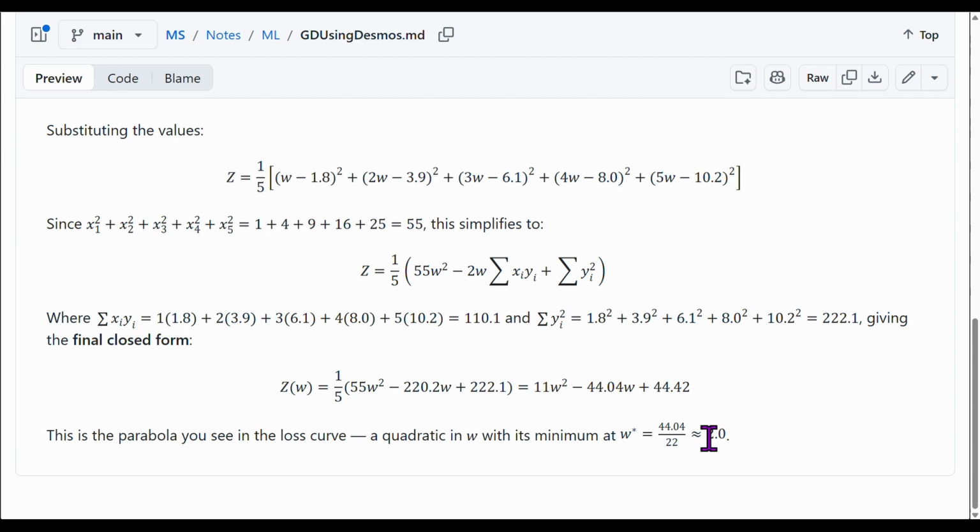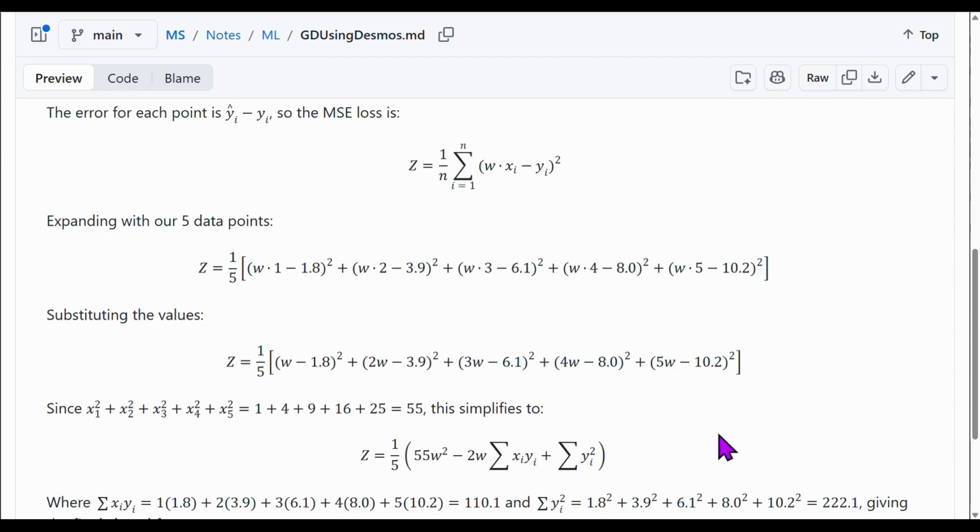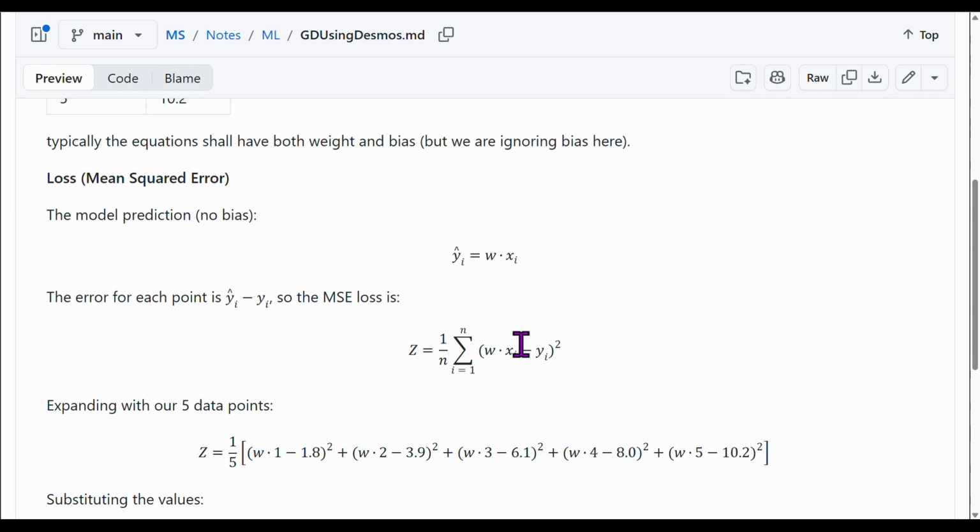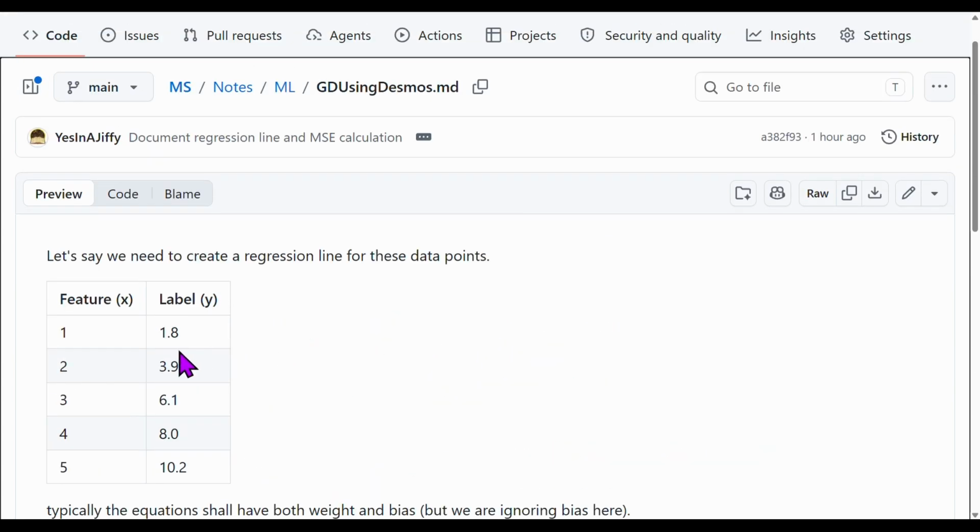When you have predicted the value of W, which means 2.0, then your model would be y equals 2x. So the model is y equals 2x. And you can see here that it fits properly. If the value of x is 1, then y is around 2. It's not exactly 2, but it is around 2. So our equation is y equals 2x because we found w as 2.